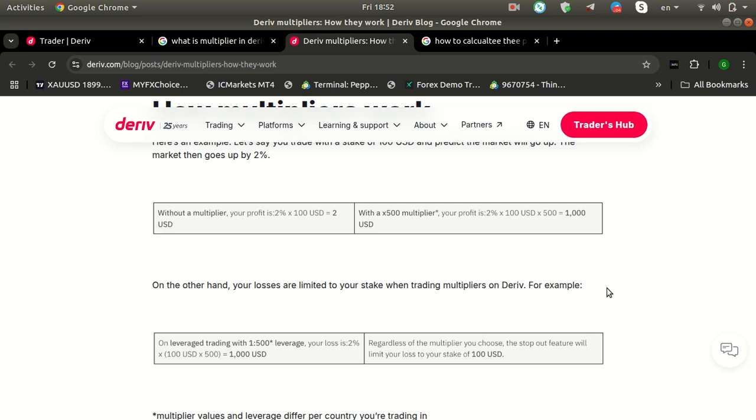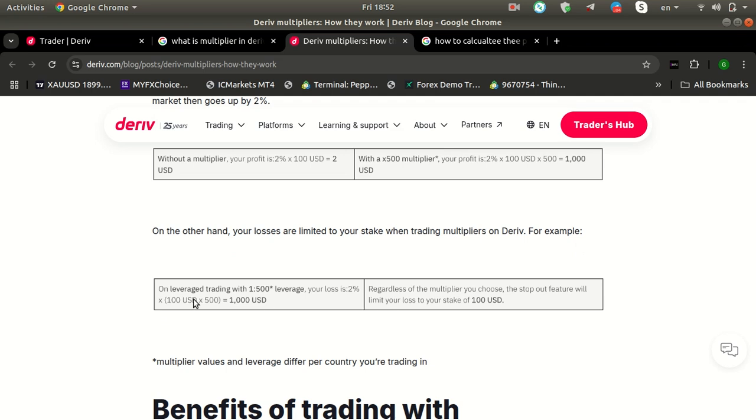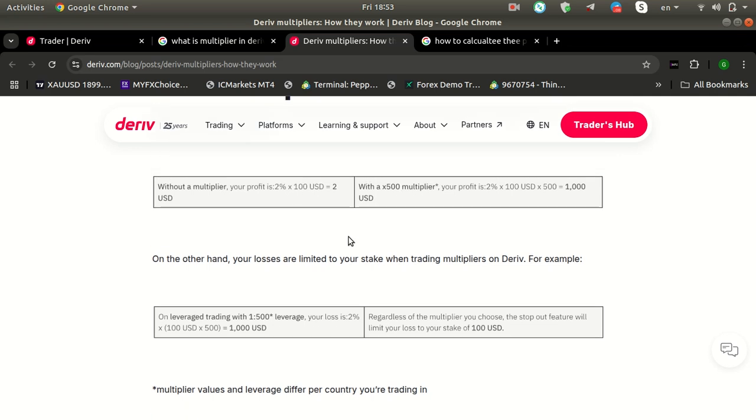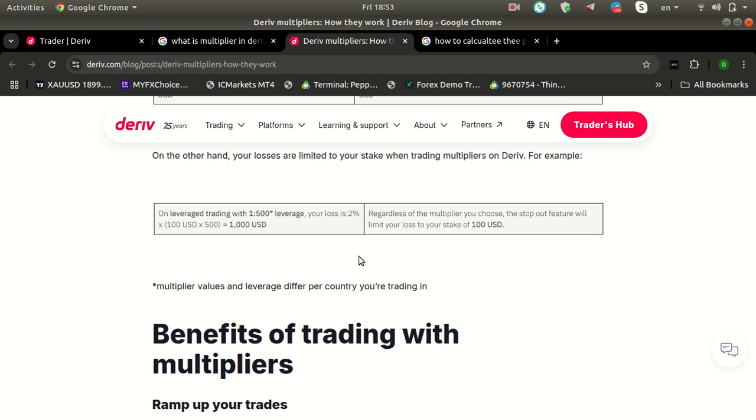For example, on leveraged trading with, okay, this is complicated, this is complex. It's talking about leveraged trading, but we want to focus on multipliers. But let me just read it. On leveraged trading with 1 to 500 leverage, your loss is 2%.